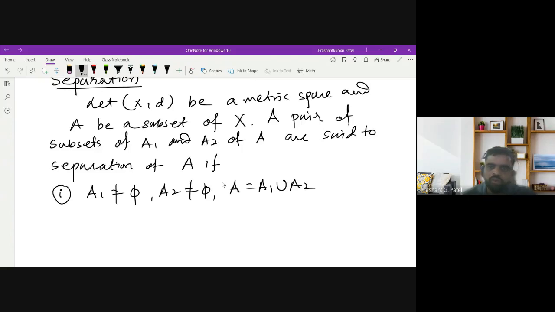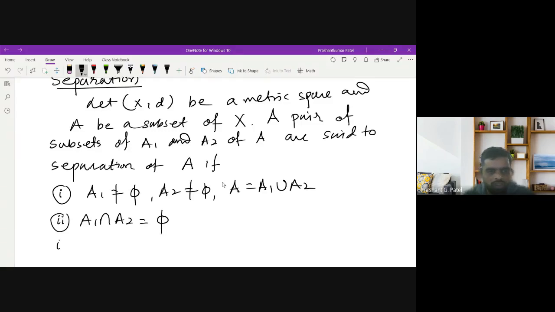So A1 and A2 are non-empty, and if we put them together, they create the whole set A. The second one: A1 intersection A2 has to be empty, that means the intersection of both these sets is empty.